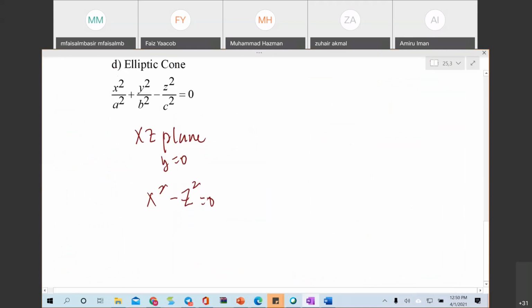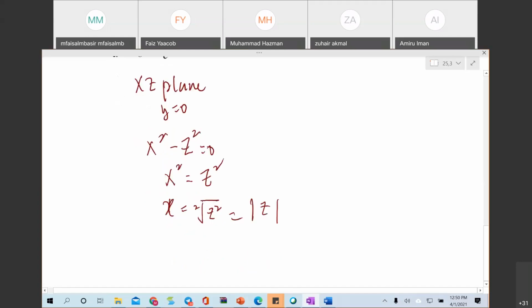So if like this, we cannot solve, right? So what you can do is like this. x will be the square root of z squared, which is modulus z, or z will be modulus x.